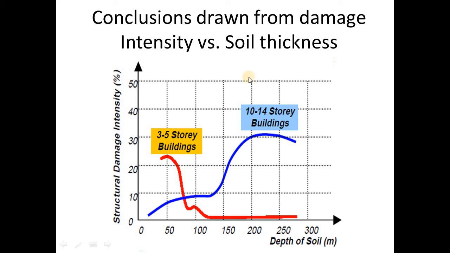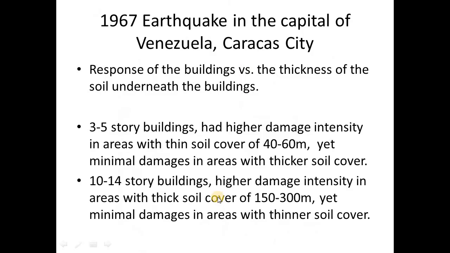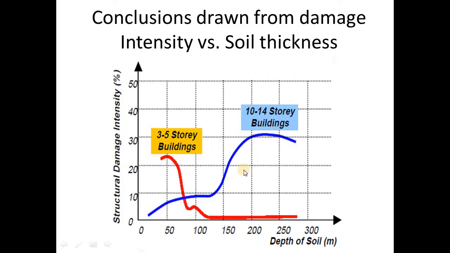An earthquake force hit the whole region, the Caracas city, in 1967. The same earthquake force hit the place. But you see that the buildings behave differently, or experience different levels of damages for short story buildings and tall buildings based on their locations.